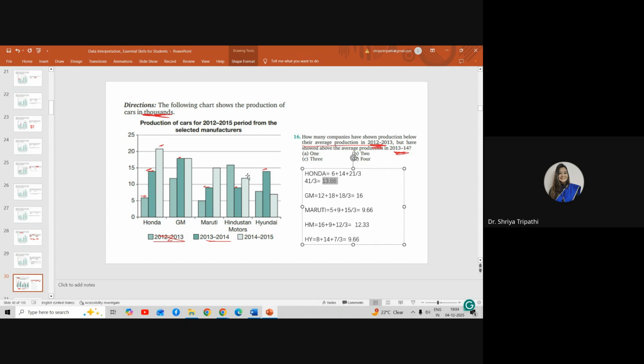So we have these three companies. Shall we proceed? Are we getting the point? The right answer is option number C, three companies. Anyone has any doubt in this so far?